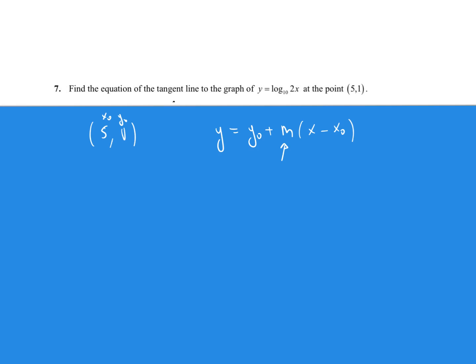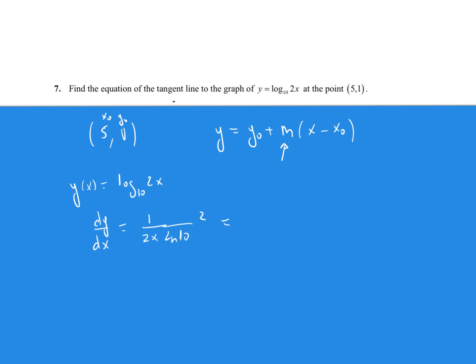But the slope, because y of x is the log base 10 of 2x, I will find the slope at x equal 5. The derivative of y with respect to x is 1 divided by the function multiplied by the natural log of 10 by the derivative of the function, 2.